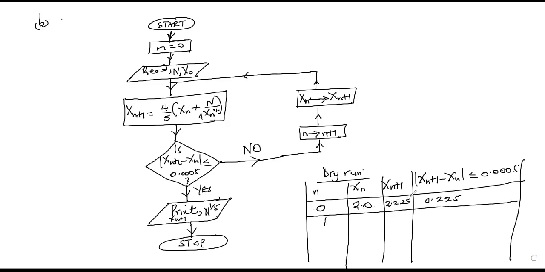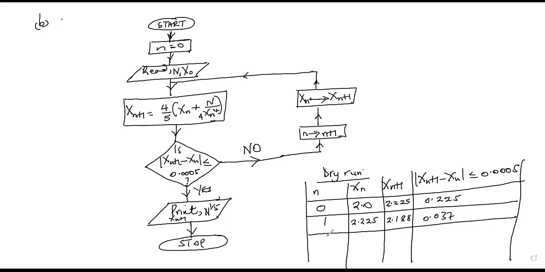By the second iteration, this xn plus 1 will be our xn. So it will be 2.225. And when you substitute into this formula, the value of n will remain constant at 50. You're going to get 2.188. When you subtract to take the error, you're going to get 0.037, which is still beyond 0.0005.